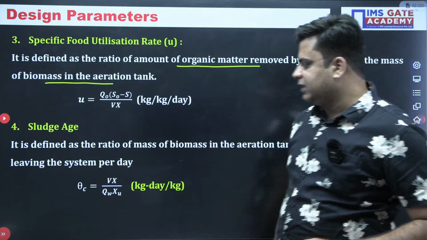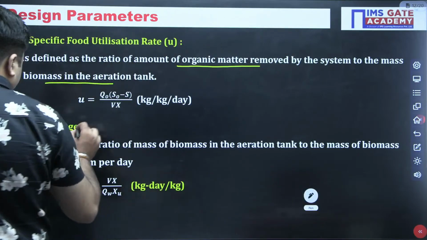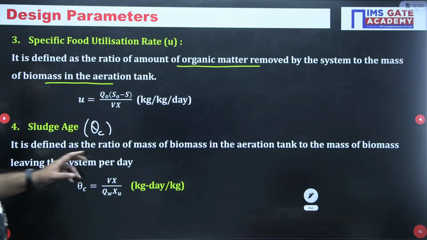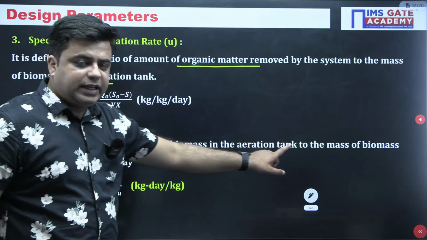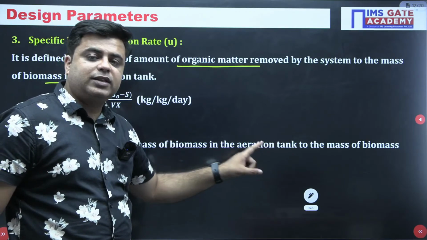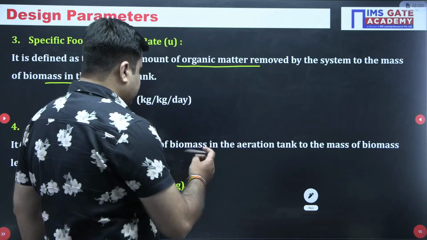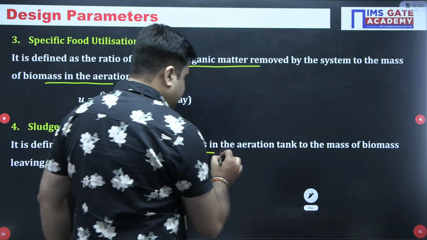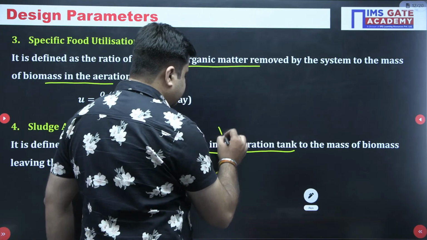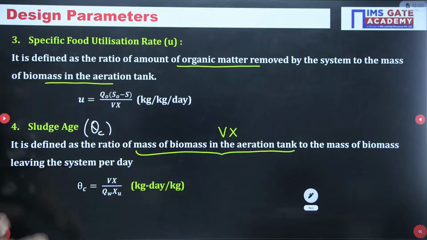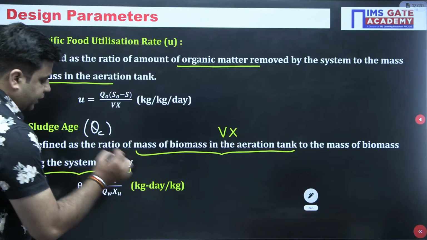Next is your sludge age. This is denoted by theta C. Now sludge age is defined as the ratio of mass of biomass in the aeration tank, which is V into X, to the mass of biomass leaving the system per day.